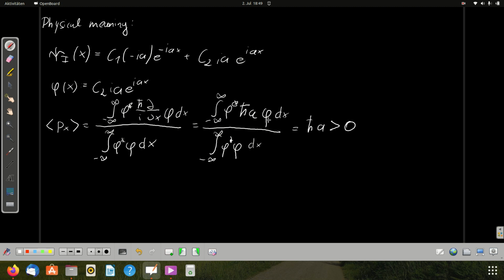And this means that the wave that is described by big phi travels to the right, because the momentum value is bigger than 0. Correspondingly, this expression here, c1 times minus ia times e to the power of minus iax, corresponds to the left-going wave in the original diagram.